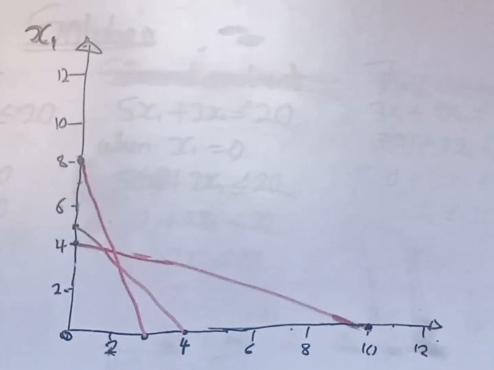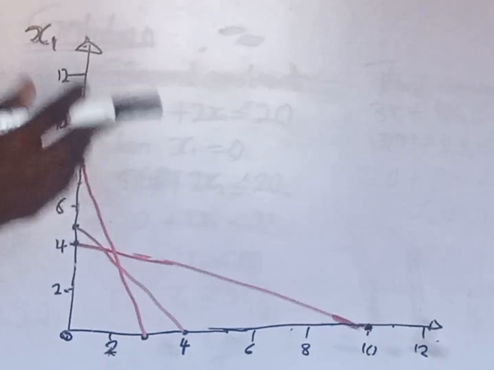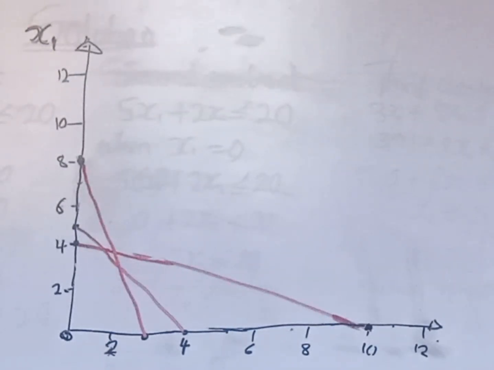Please, do you understand? Because the inequality sign is less than or equal to in constraint 1, constraint 2, and constraint 3, definitely on our graph, the portion of our feasible solution will be moving towards what? Towards the origin 0, 0.